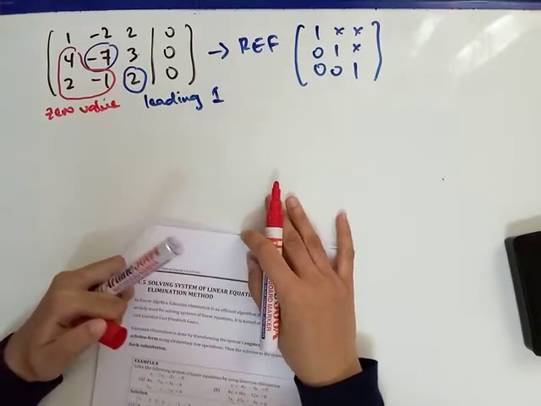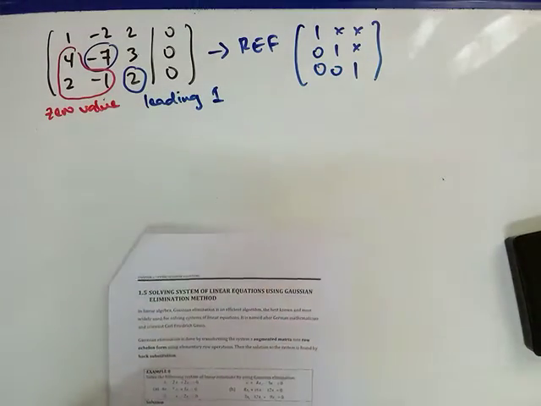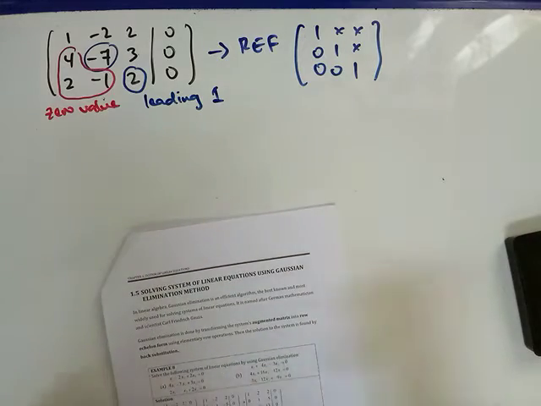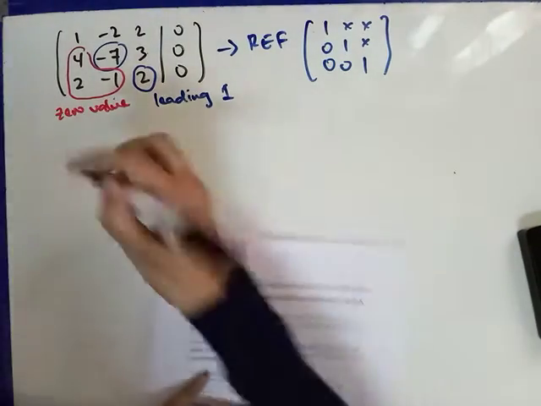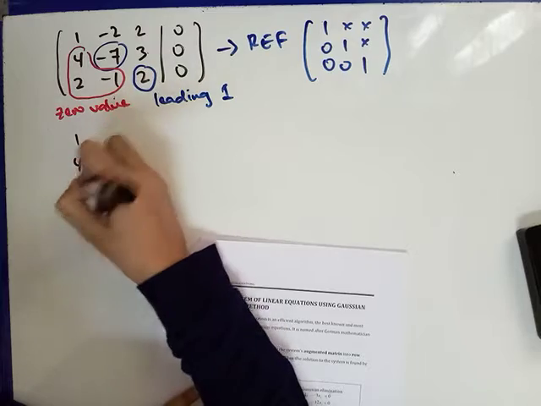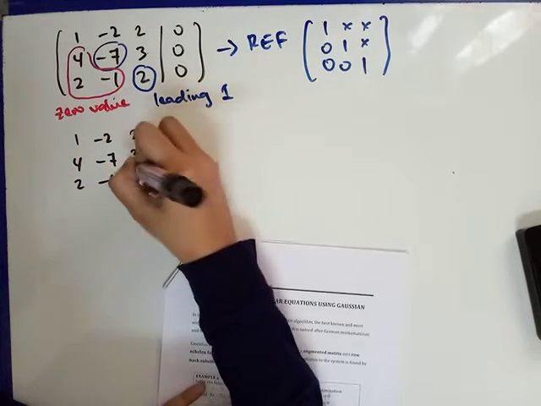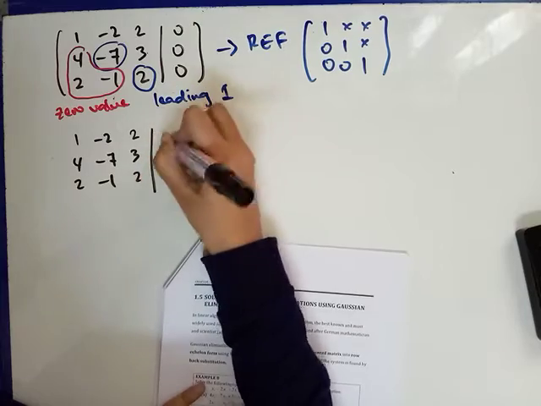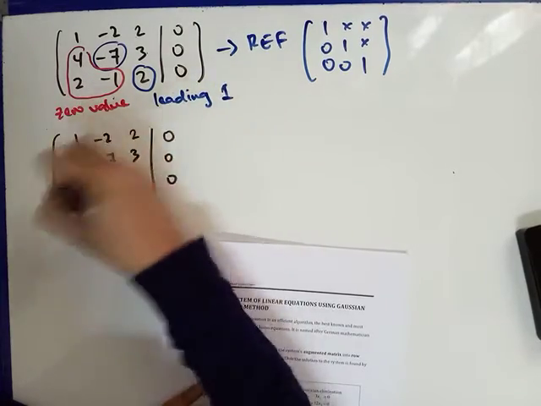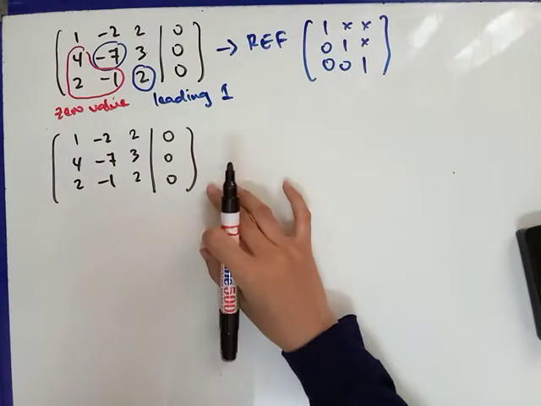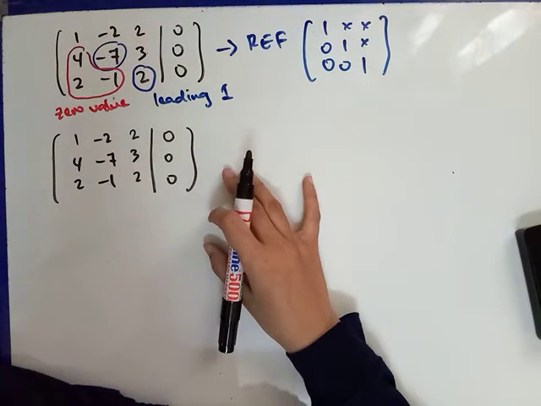Do you understand now? By using what? By using elementary row operations. So we have 1, 4, 2, -2, -7, -1, 2, 3, 2, 0, 0, 0. We need to solve this one by using elementary row operations.